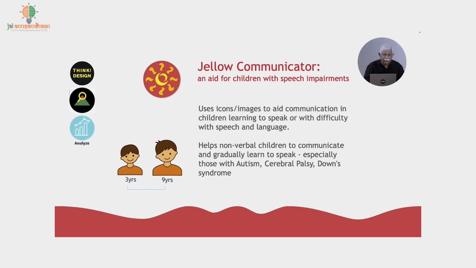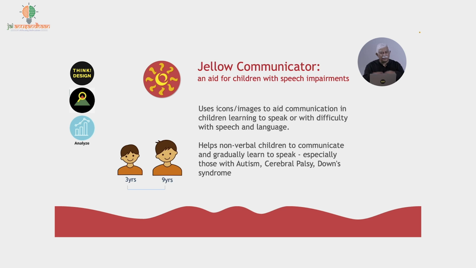After this, we come to the project brief. So it's Jellow Communicator. It's an aid for children with speech impairments. It uses icons or images to aid communication in children learning to speak or with difficulty with speech and language. It helps non-verbal children to communicate and gradually learn to speak. It means that there are some children for whom the typical language is very difficult to master.